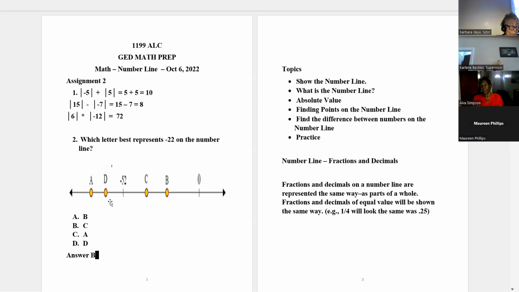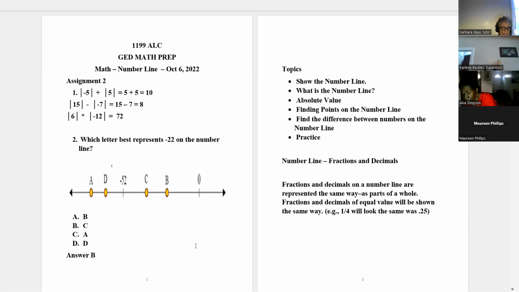So then that means A and D cannot be minus 22. So you're only between C and B. And since the distance from minus 52 to C and minus 52 to B, it would be the smaller number, because somewhere here you've got a minus 42 and a minus 32, right? Okay, so your answer would be B.